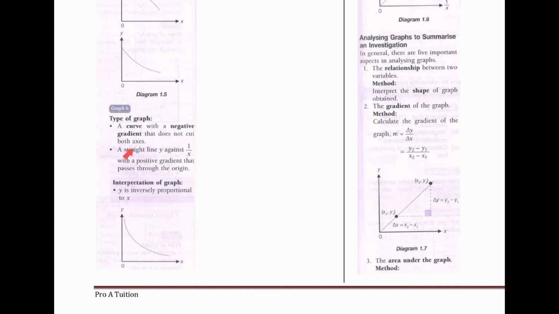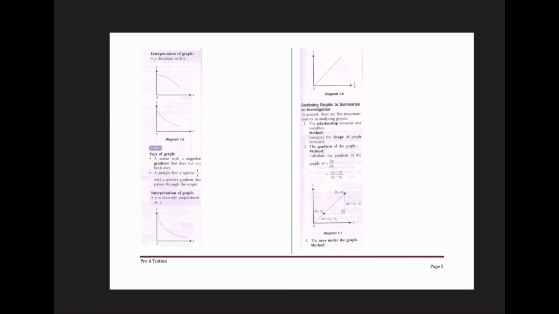Okay, so a straight line y against 1 over x with a positive gradient that passes through the origin. So what they are trying to say here is this graph can change into a straight line if you change the x-axis to 1 over x, and then it becomes a straight line from origin.